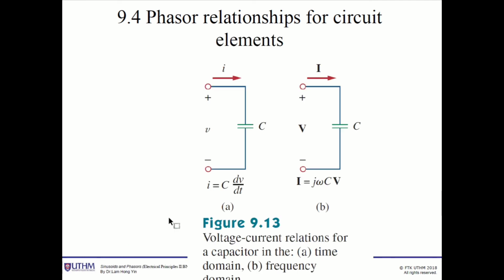So let's look into the voltage-current relationship for a capacitor. In the time domain representation, I is equal to C dV/dt, while in the phasor domain, or frequency domain, I is equal to jωCV. So the derivative is converted to jω in the frequency domain.